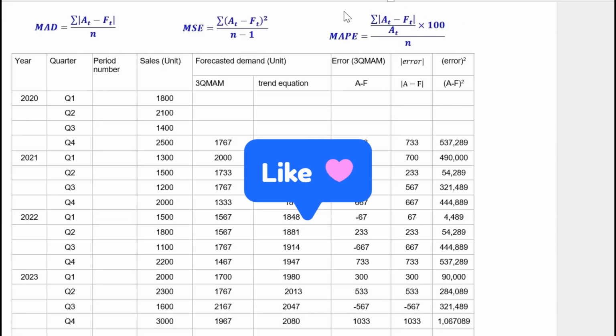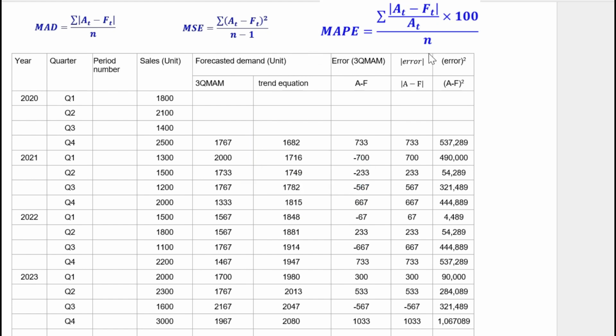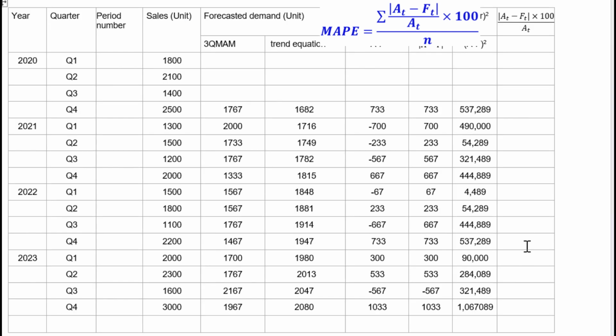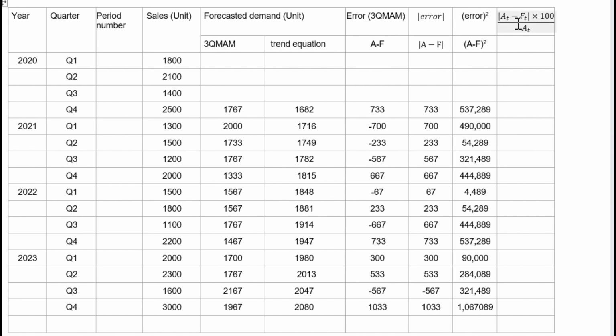To calculate the third measure of forecast accuracy, which is MAPE, we have to calculate the percentage of the absolute value of the error to the actual value.